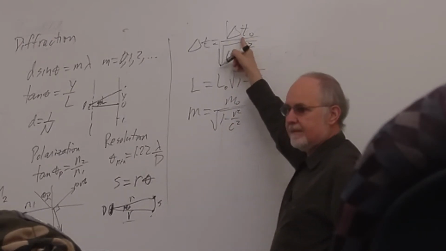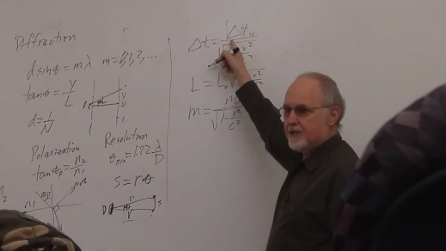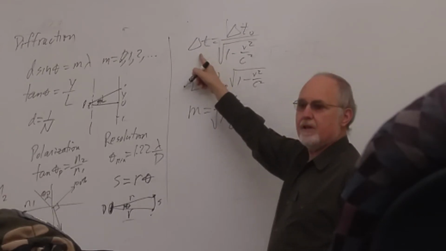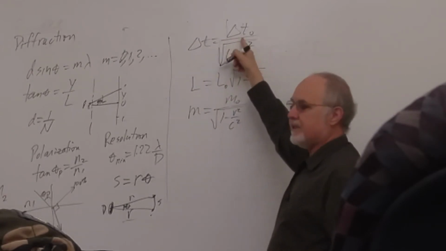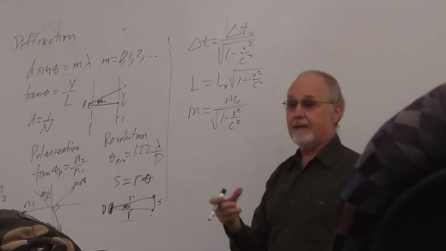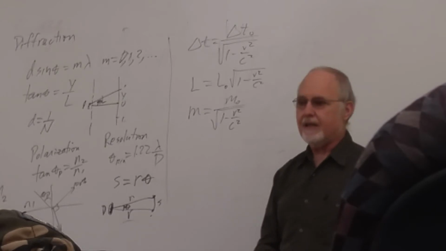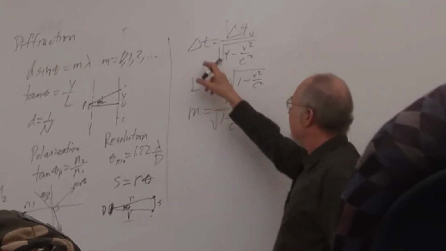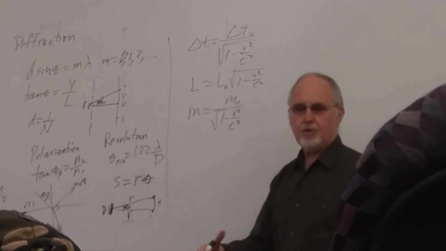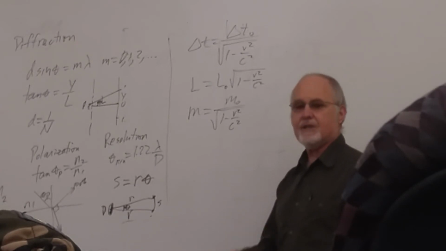The delta T naught would always be the spaceship, and delta T would be the Earth. Or the delta T naught would be the time for, say, a muon. It will last so many microseconds before it decays into whatever it's going to decay into. And then the delta T would be the laboratory time, or what the Earth says the time is.